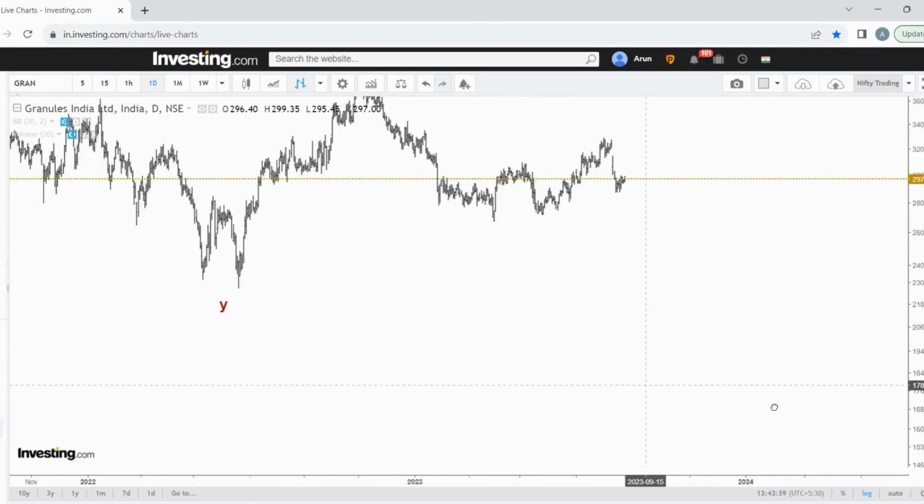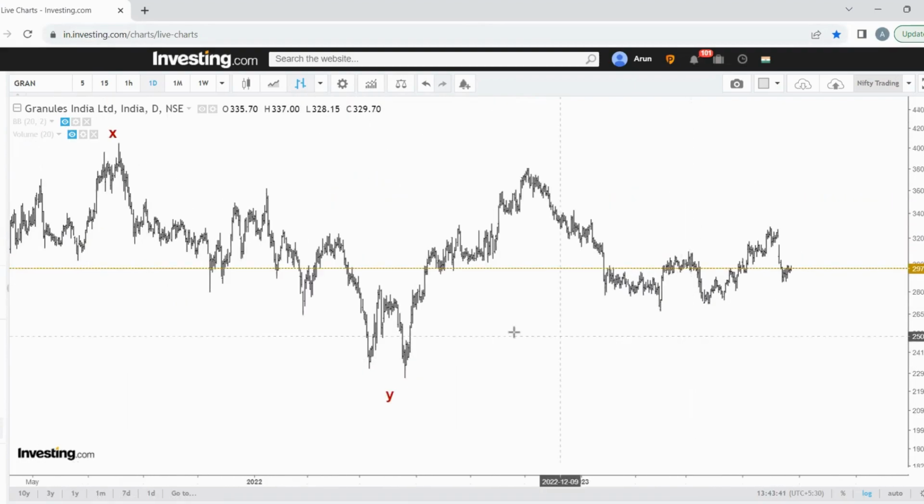And from this point, if we find any impulse, it will be good. 2, 3, 4, 5.